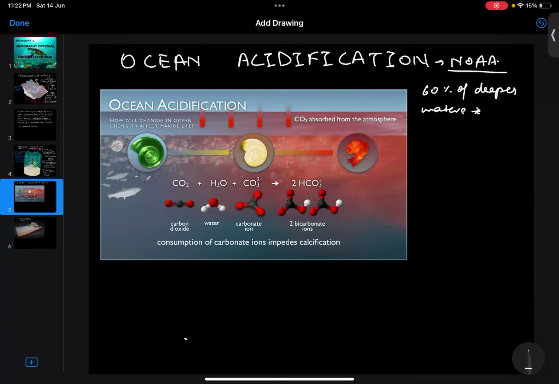In this diagram of ocean acidification, this is one of the seashells. It is undergoing a reaction where carbon dioxide is absorbed by the water and converted into two HCO3 minus, that is, two bicarbonate ions are formed.